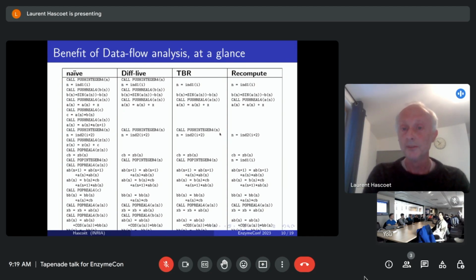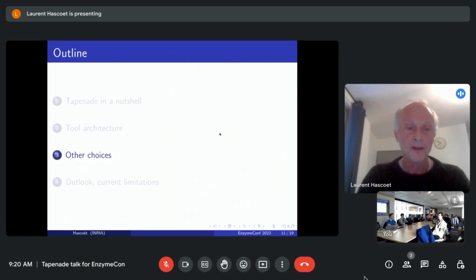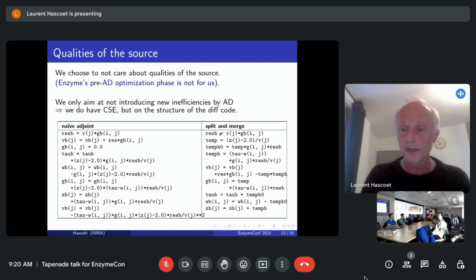Then if you run the TBR, you get fewer pushes and pops. And later, if you replace some of the TBR storage by recomputation, you get even fewer pushes and pops. So the resulting code is hopefully more efficient and also smaller. There are a couple of other choices I wanted to point out. We chose not to care too much about the qualities of the source.